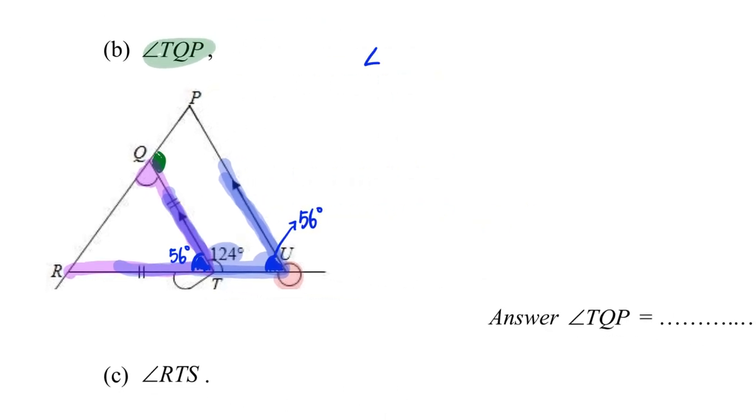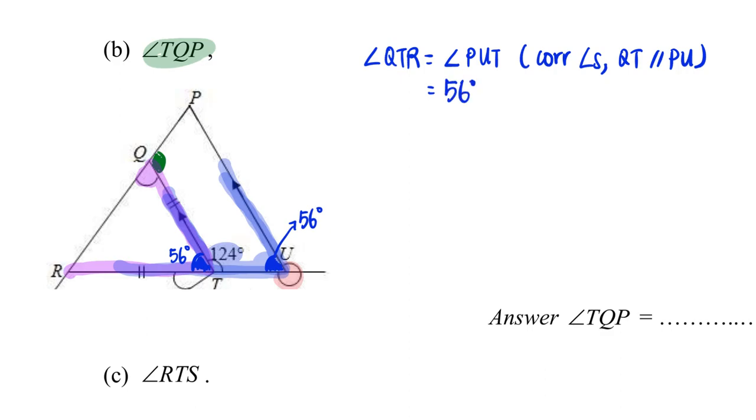So angle QTR is equal to angle PUT, because they are corresponding angles, with QT parallel to PU, 56 degrees.